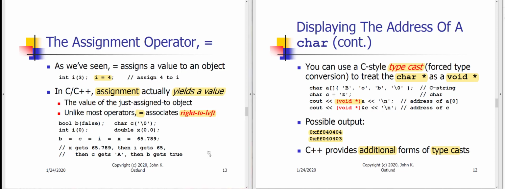Okay, so if we look at the code on the bottom part of slide 13, we're declaring a bool variable b initialized to false, and then we're declaring a char variable c initialized to the null character. Remember that C++ is free format, so it's perfectly fine to have these two declaration statements on the same line of code.